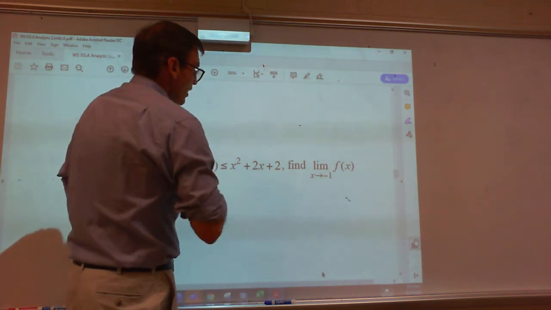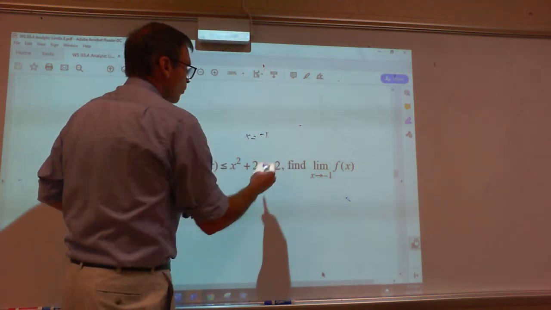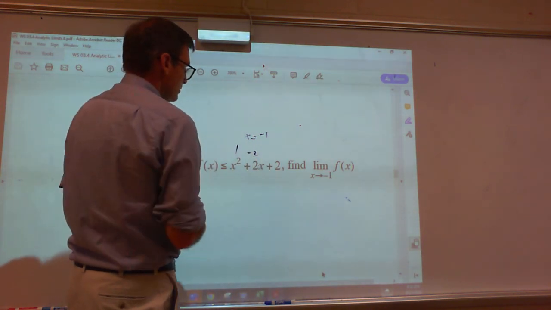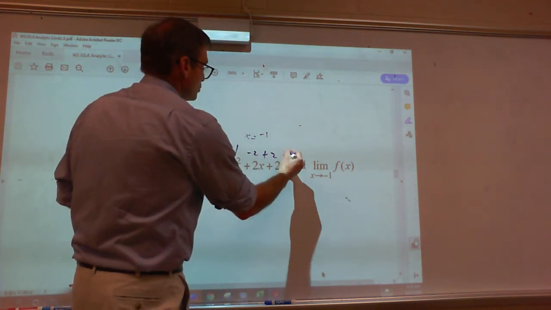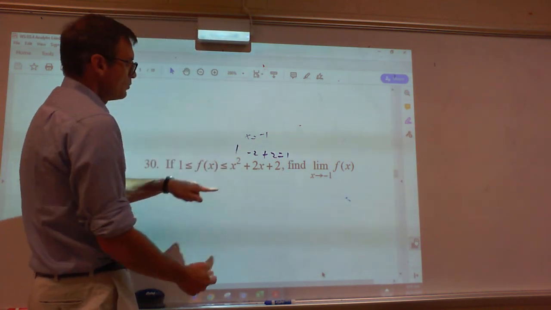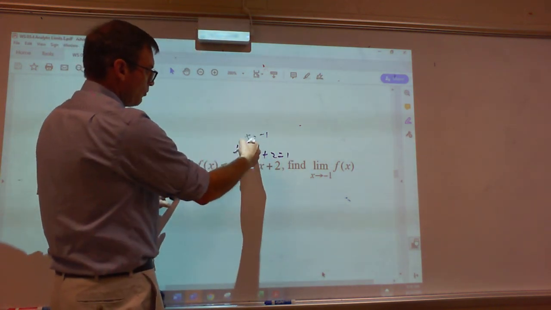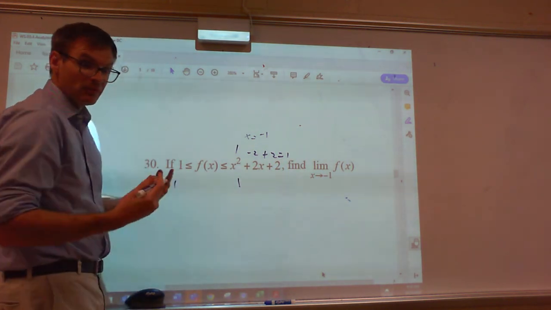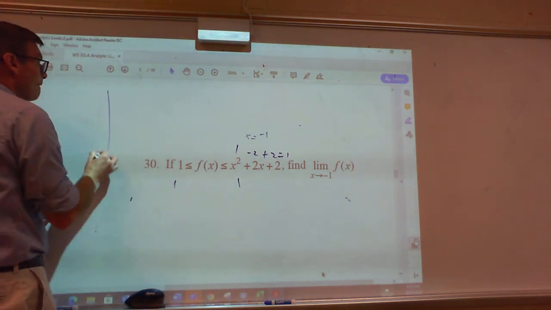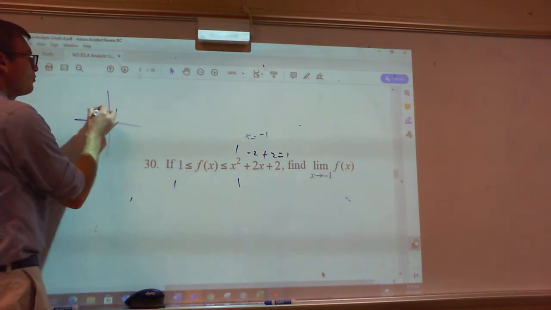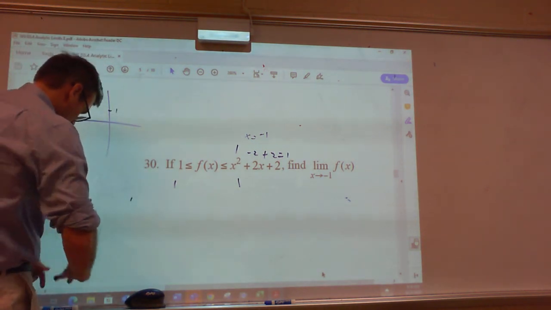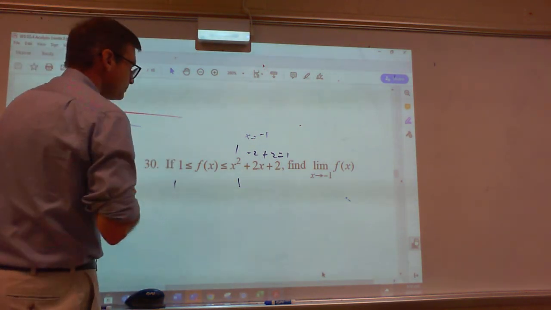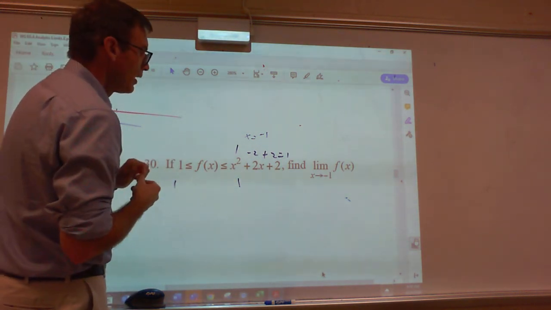So over here, if I make x equal -1 and plug -1 in, that's 1 minus 2 plus 2, so this is basically a 1. And this is a 1. Now, here's our picture. You have the graph of 1, here's your lovely red line at 1.